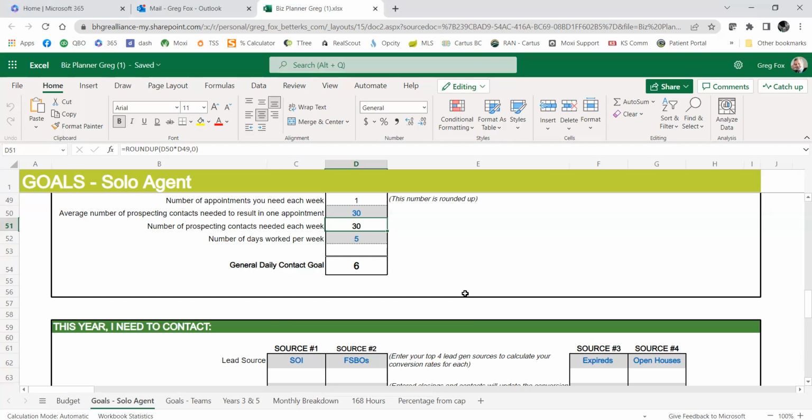And I will tell you, Dixie said something very important to me last week. I'm picking on you, Dixie, I hope you don't mind. She says, I do a good referral business, but I want to go to the next level, so I need a plan to get there. What we're doing here is building a plan that says, if you take these steps, based on what you said you wanted to do, the national averages, and what you did last year, you should get to this level if that's where you want to be.